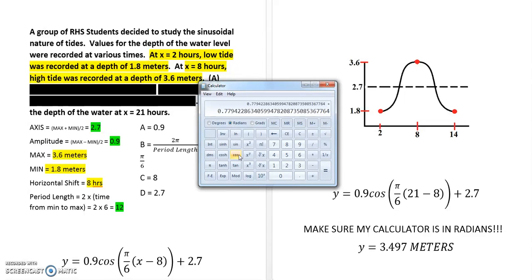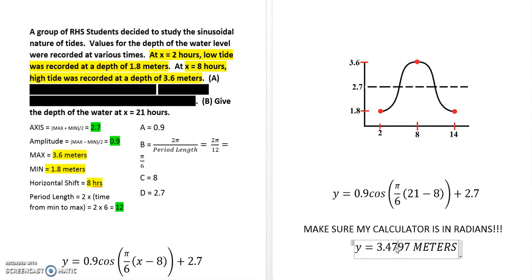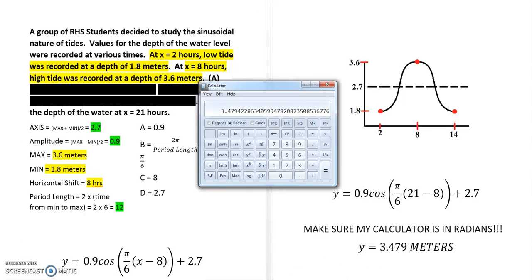And then we're going to add 2.7. And then we get, ooh, it's actually 3.479. So my memory was not very good. So 3.479 meters is the depth of the water at 21 hours.